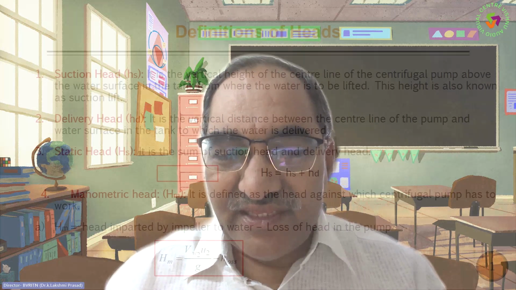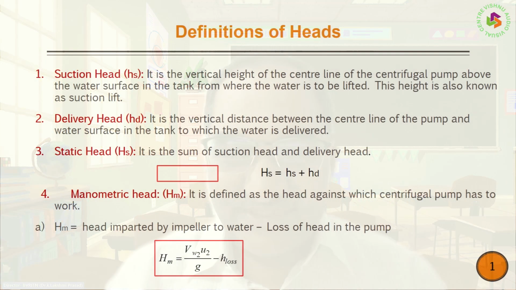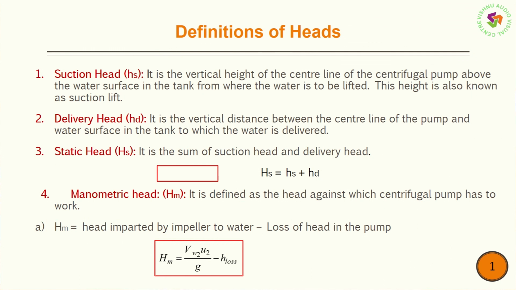Then, what are the losses in case of centrifugal pump? And finally, what are the various efficiencies related to centrifugal pump? So these are the three small items that we discuss today.